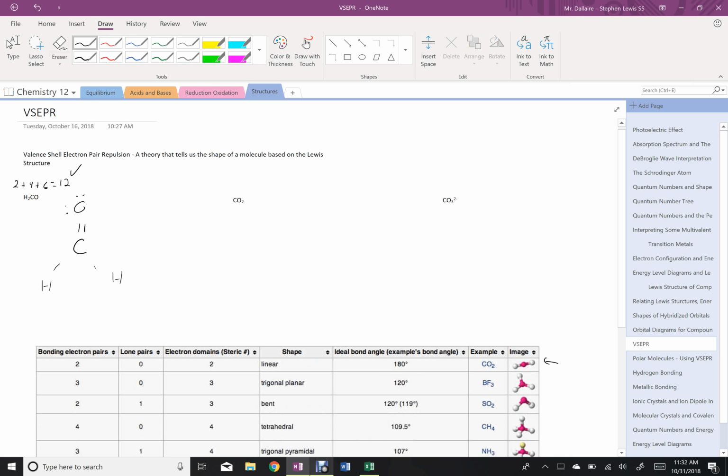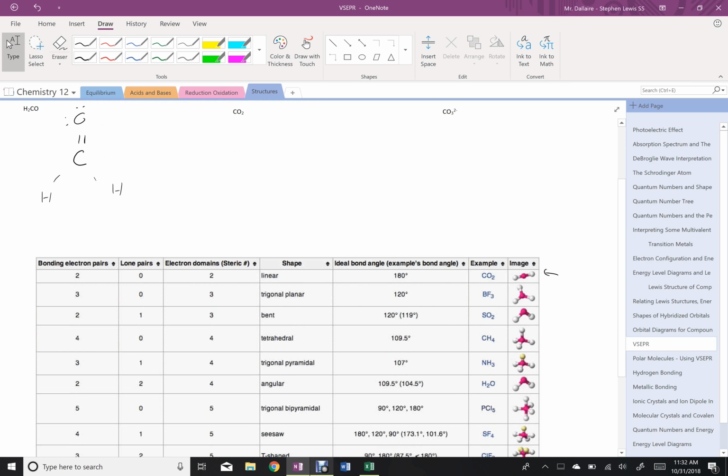Now, let's look at what VSEPR suggests for this shape. How many bonding electron pairs do I have? I have one site, 2 sites, and 3 sites.